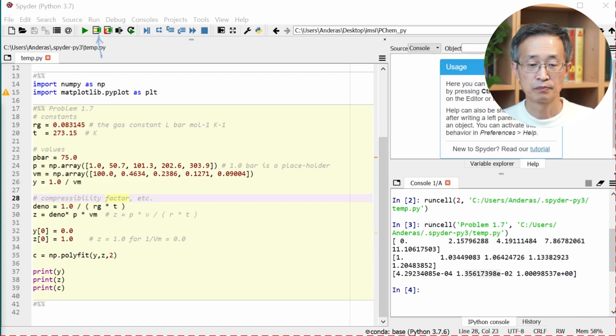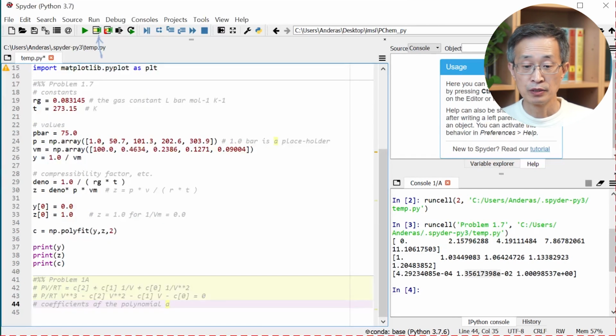a polynomial, using the numpy roots subroutine. So problem 1a, we are going to solve this equation. This is the virial equation. Remember that we have a virial equation just like this.